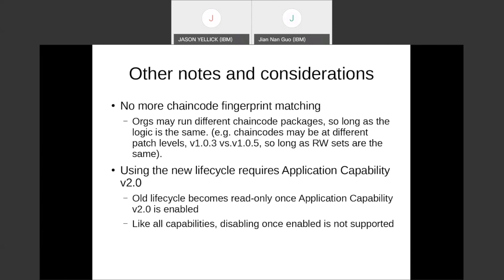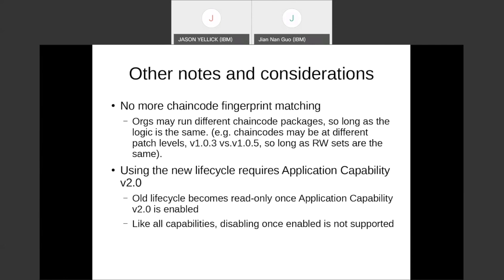That's gone, which means actually that your chain codes can even differ slightly from peer to peer. If org1 installs a chain code package and org2 installs a chain code package, those can actually be different chain codes.